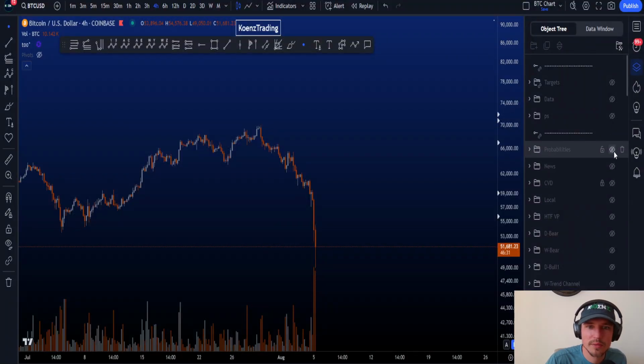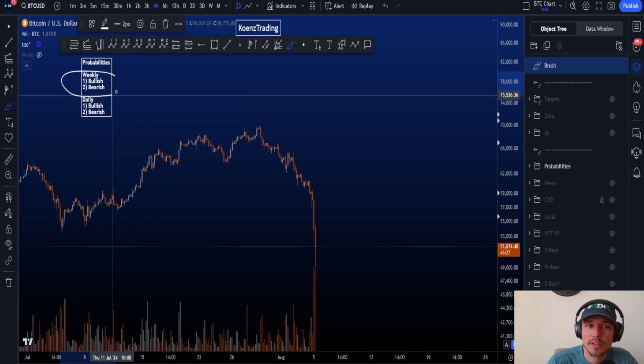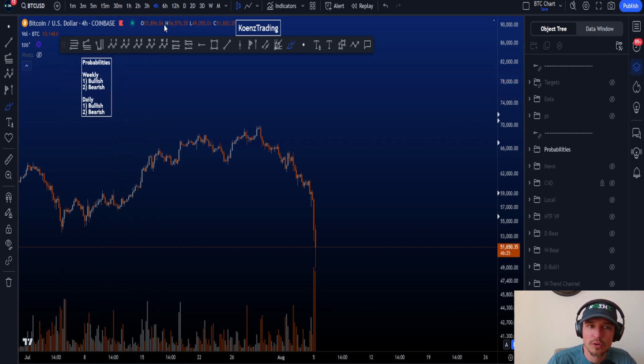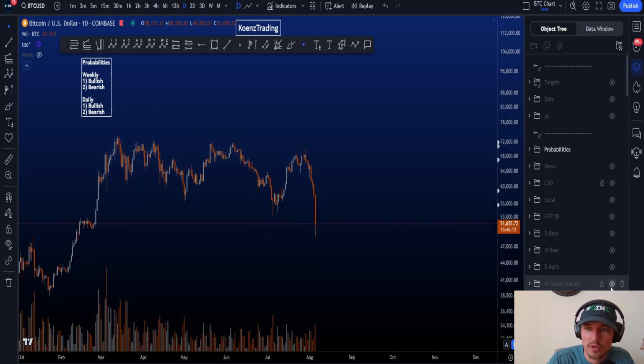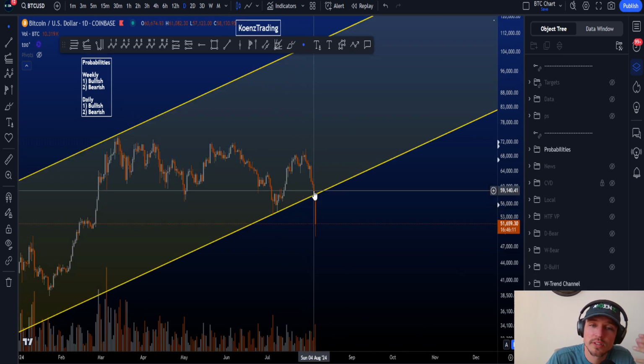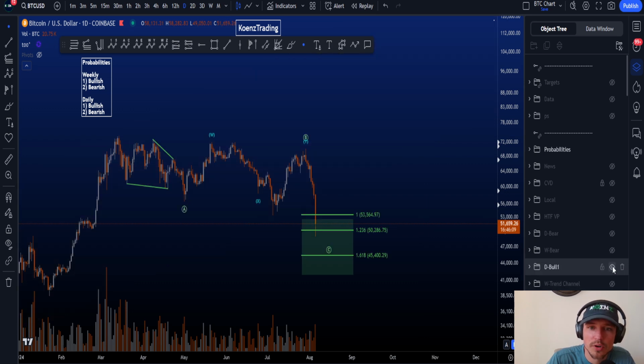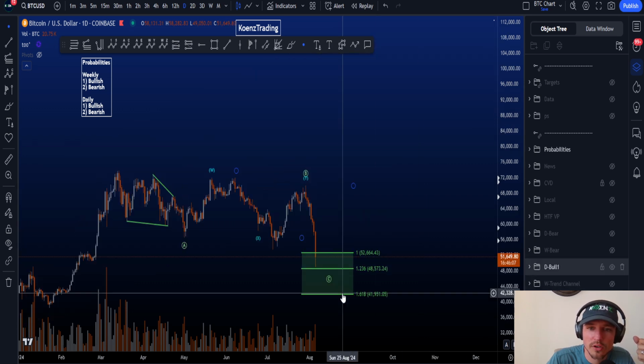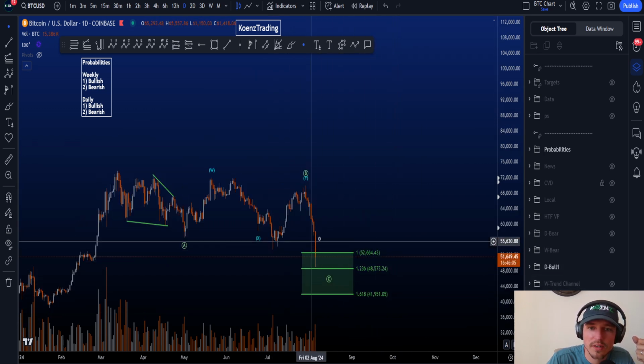If we then look at the probabilities of the different scenarios, then on the weekly time frame, the probabilities remain bullish. For the bearish scenario to increase in probabilities, we need at least 38.5k taken. What we are looking for locally is what we want to see in a wave 4 as well. I spoke about the trend channel, which is broken, something we like to see. Spoke about the ABC, where we are looking now for wave C to end somewhere in this target area as well.